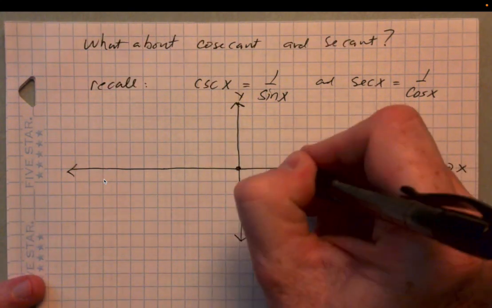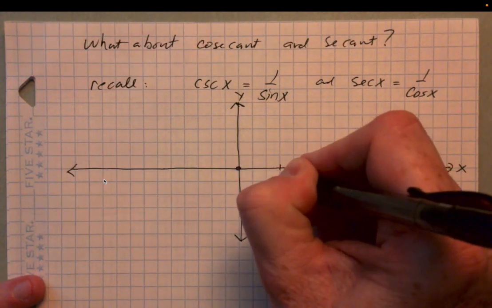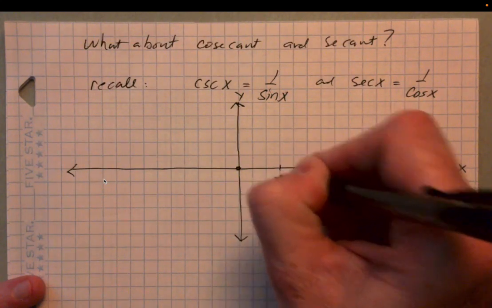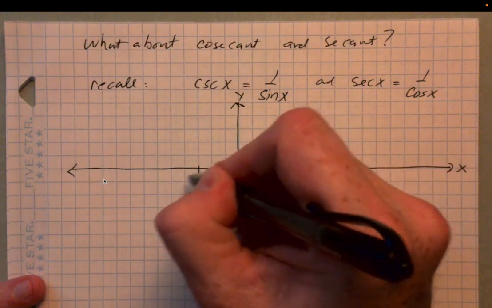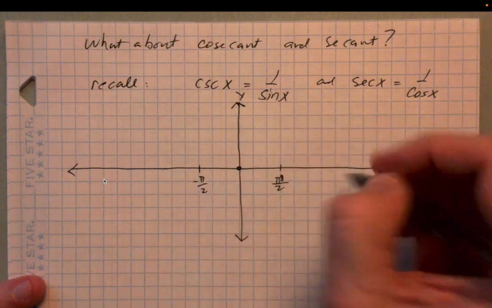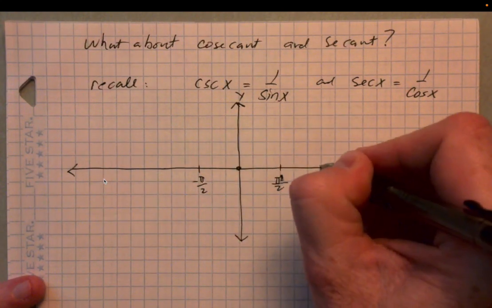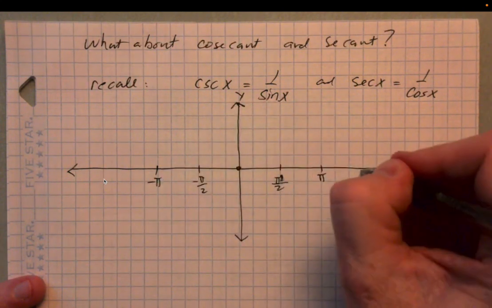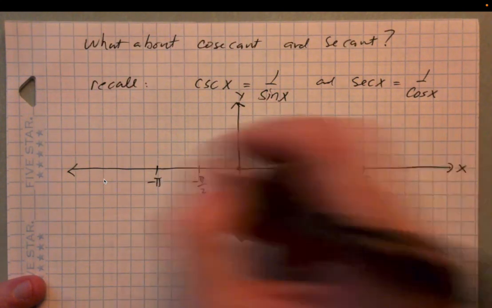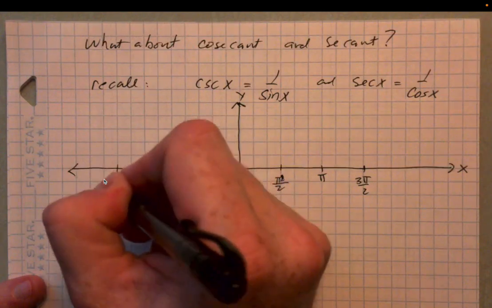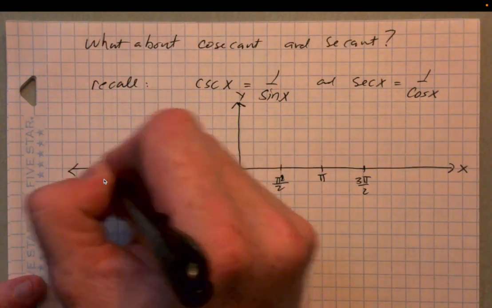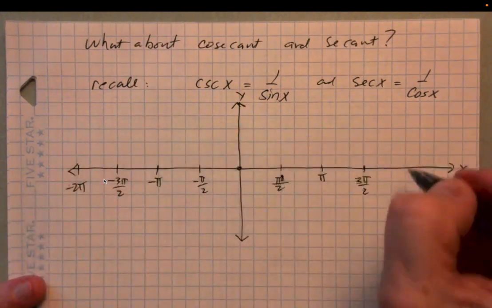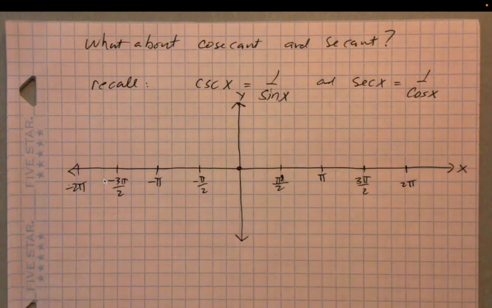Let me put in some values: positive pi over 2, negative pi over 2, then pi and negative pi, 3 pi over 2 and negative 3 pi over 2, and negative 2 pi and 2 pi.